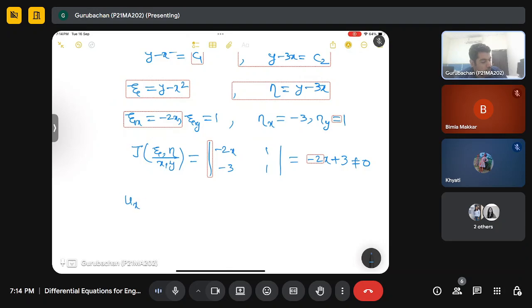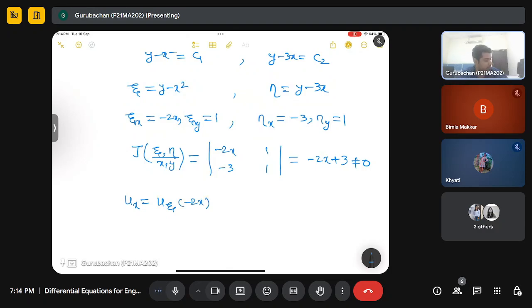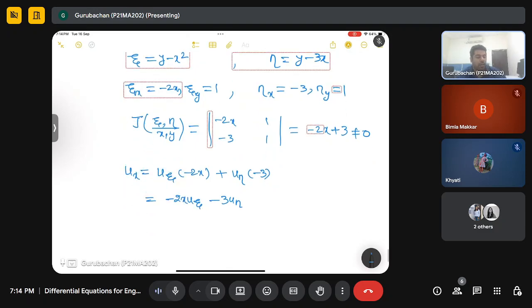We'll try to calculate the value of ux first. So this will be u xi times xi x, that is minus 2x, plus u eta times eta x, that is minus 3. So this will be minus 2x u xi minus 3 u eta. Now for uxx we differentiate with respect to x.